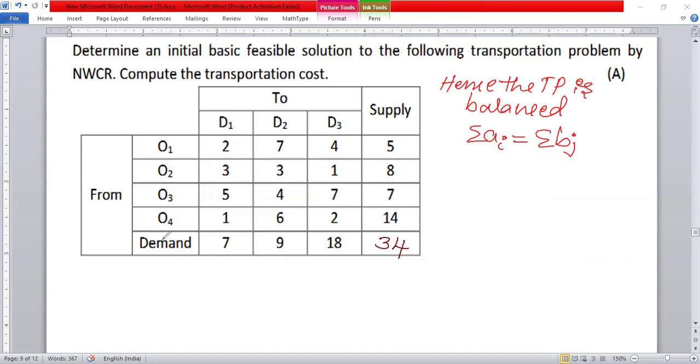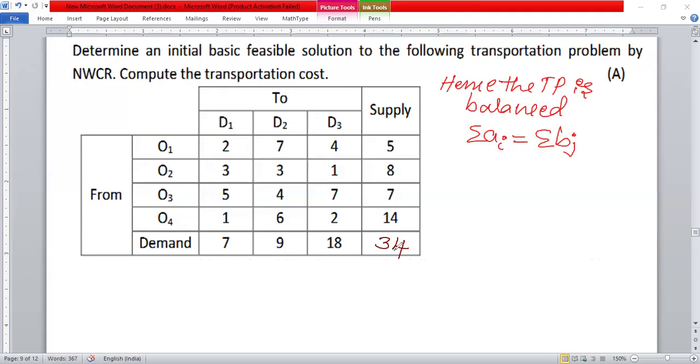Or summation of demand equal to summation of supply is also correct. In statement form, summation of availability and summation of requirement being equal also means the transportation problem is balanced. So always write in step number 1: hence TP is balanced because supply total is 34 and demand total is also 34.